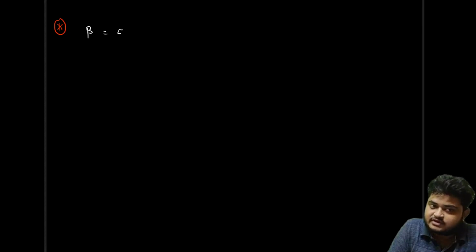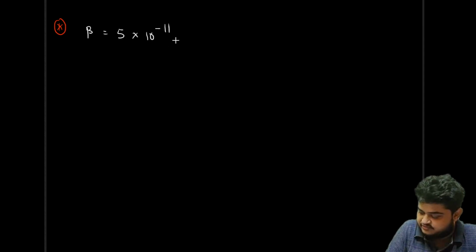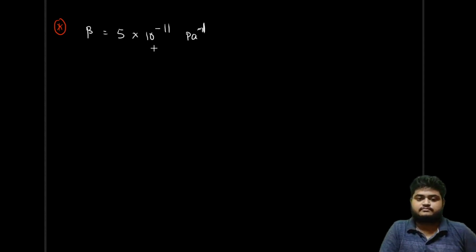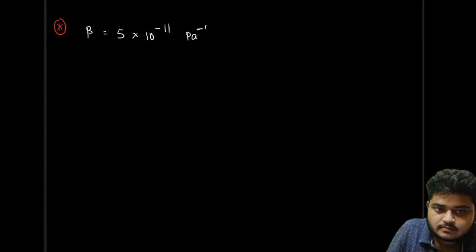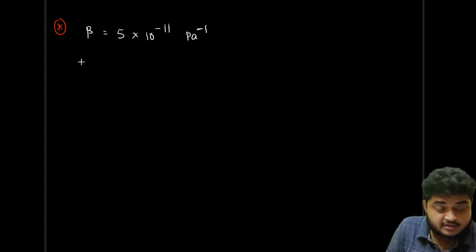Let us solve the question. In the given data, the compressibility is given as 5 into 10 to the power minus 11 per Pascal. Now we need the bulk modulus.